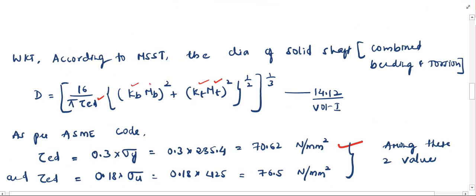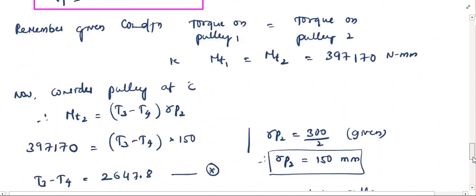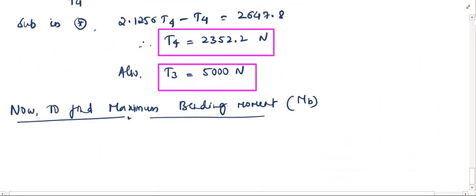So let us find MB now. Once we get all the values, we substitute back into the equation and determine the diameter of the shaft. To get the bending moment, let us draw the vertical load diagram VLD and the horizontal load diagram HLD.